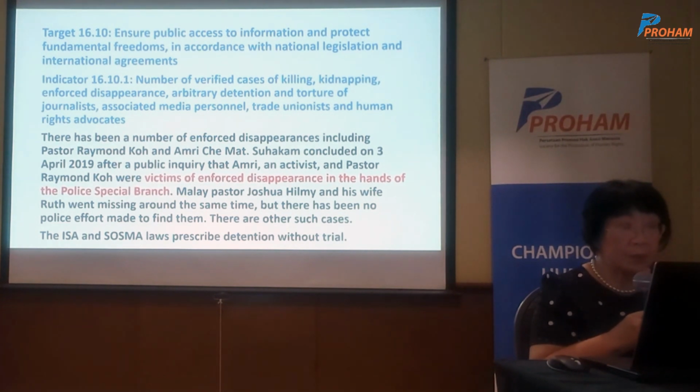There has been a number of enforced disappearances, including Pastor Raymond Koh and Amri Che Mat. So Suhakam concluded on the 3rd April 2019, after a public inquiry, that Amri, an activist, and Pastor Raymond Koh were victims of enforced disappearance at the hands of the police Special Branch.